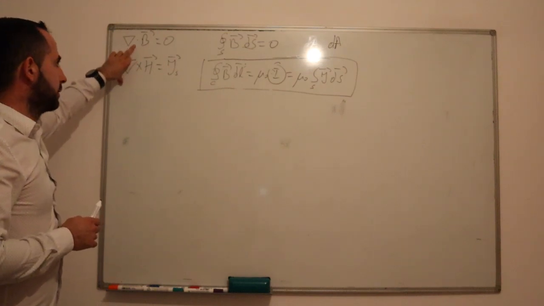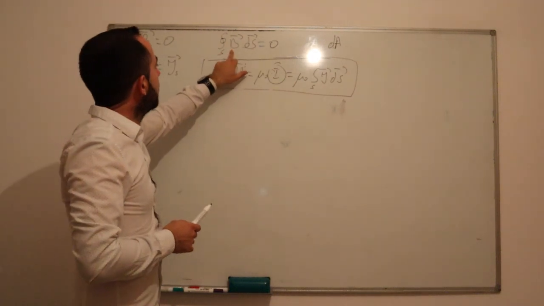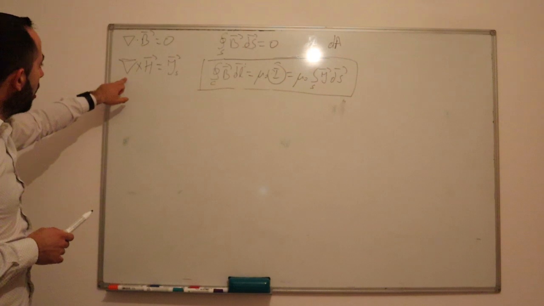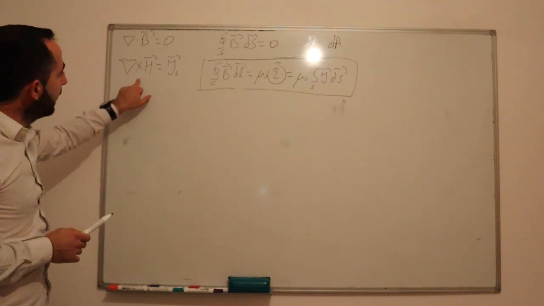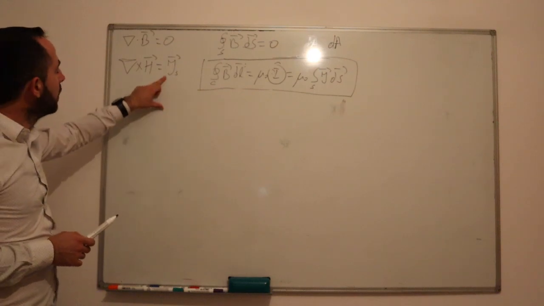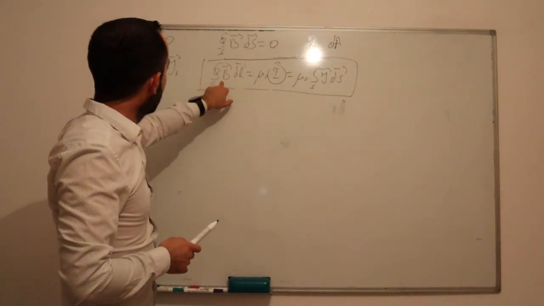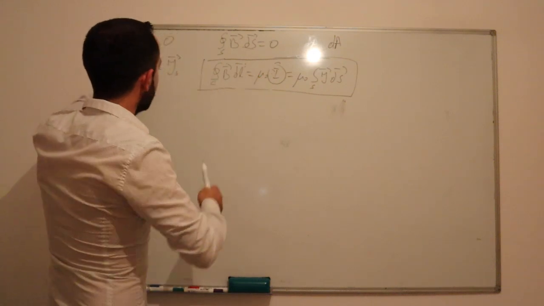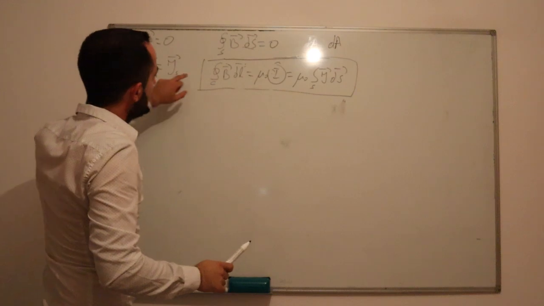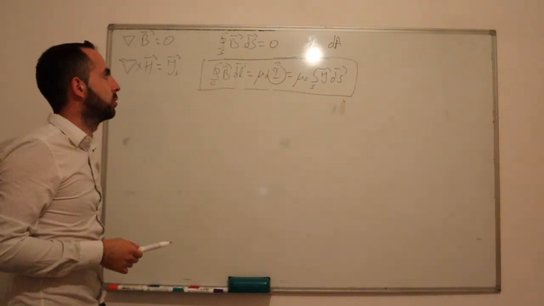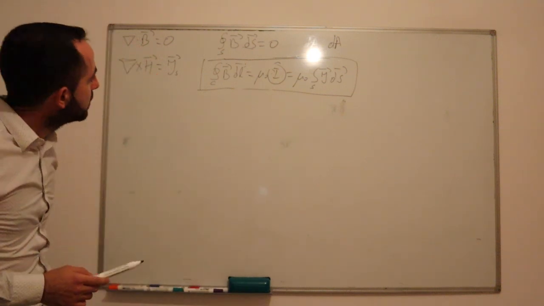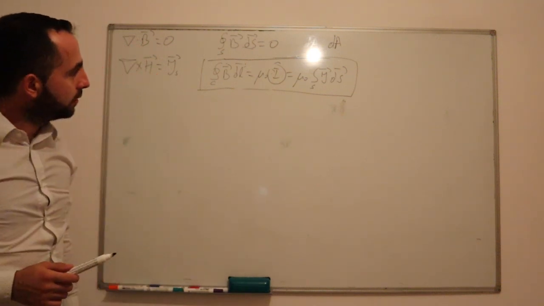Divergence of B equals 0, or the integral over a closed surface of B ds equals 0, or curl of H is equal to the current density, or the integral of H dl, because the opposite of a differential curl is a line integral over a closed loop, is equal to μ0 times the current.